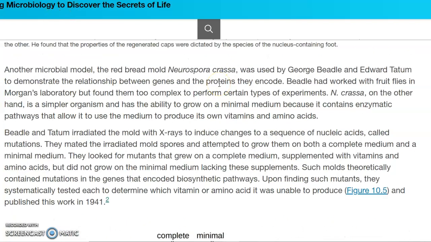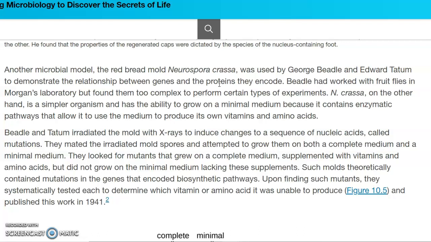Now, once we had this idea of a basic biochemical entity that was responsible for inheritance, a lot of other scientists performed a lot of experiments on a lot of different organisms. We were really trying to understand, okay, so what's in these chromosomes? What's going on there?